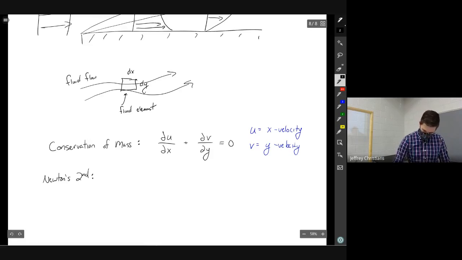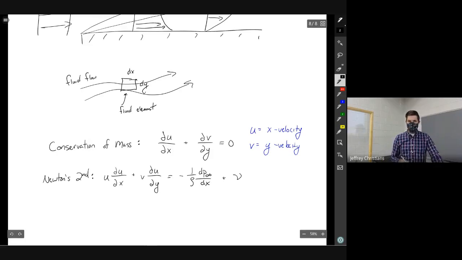Newton's second law would be, and this is a simplified version, not the exact one that you've seen in fluids, but it's close: u du/dx plus v du/dy equals minus 1 over density, dp infinity/dx, plus kinematic viscosity, that's a swoopy v, mu over rho, d squared u/dy squared.